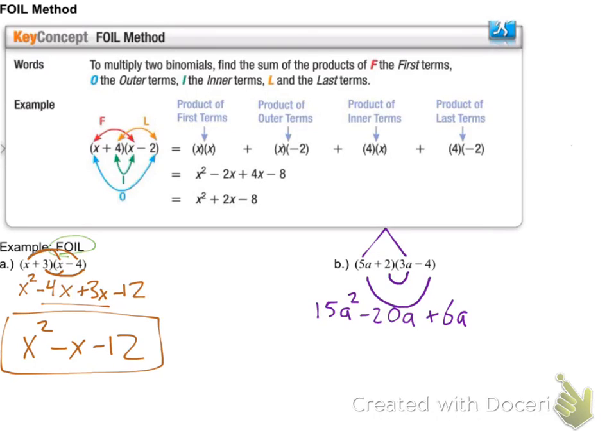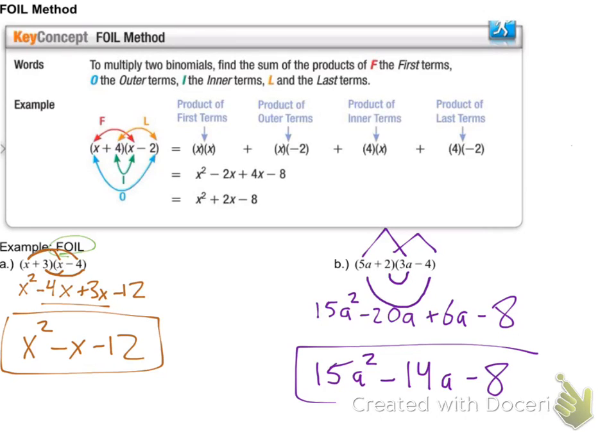And last, 2 times negative 4, minus 8. And so you get 15a squared minus 14a minus 8. I got that.